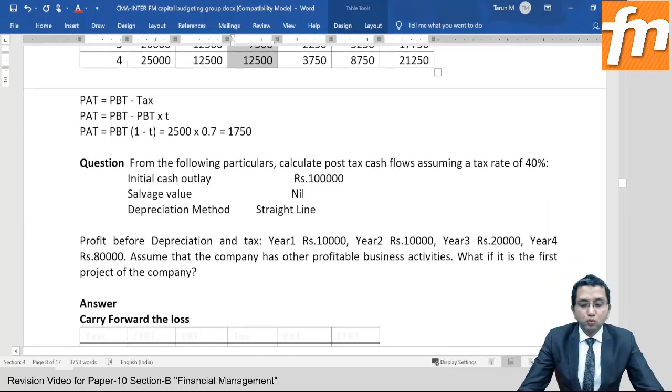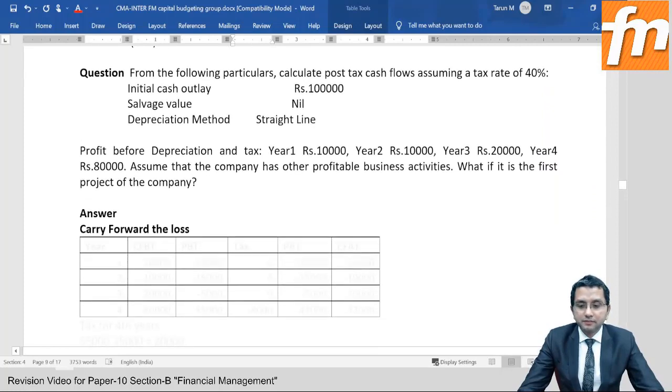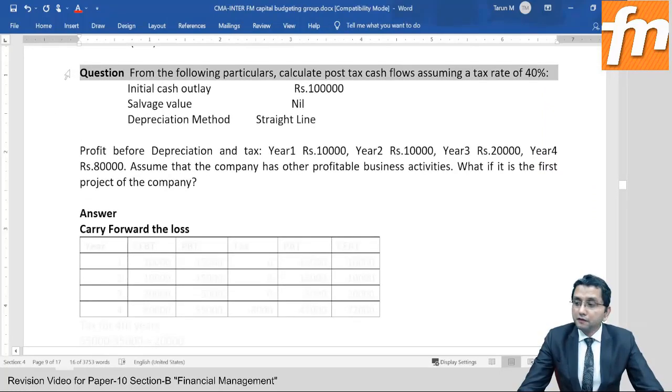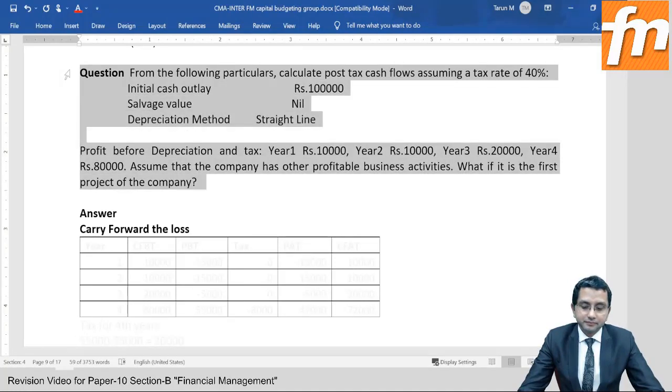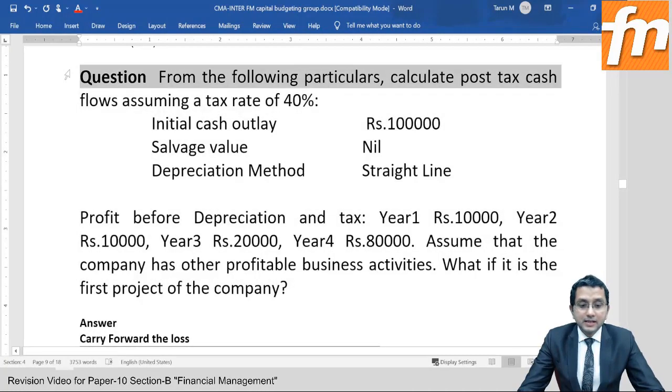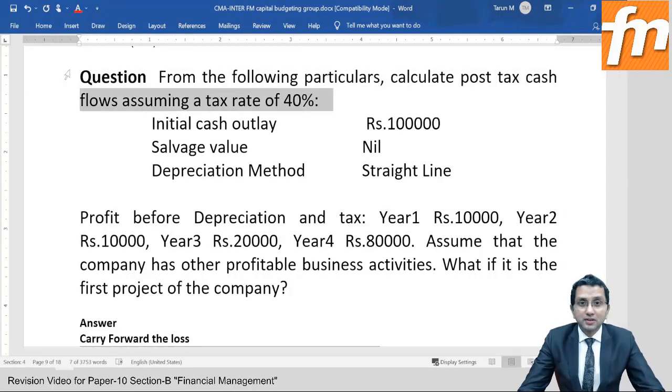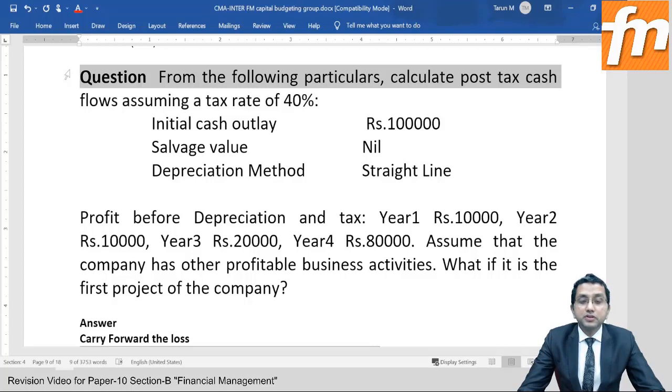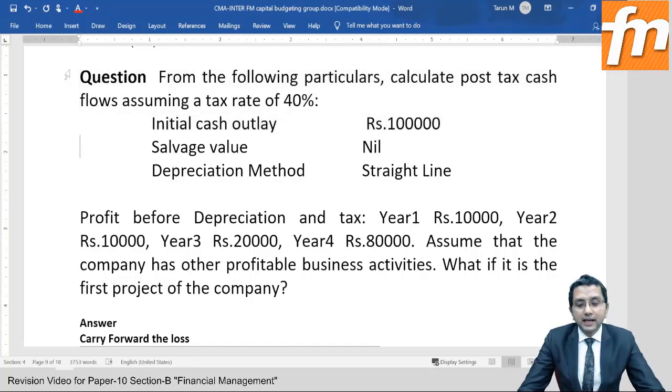So let's do one quick question on this. From the following particulars, calculate post-tax cash flows assuming a tax rate of 40%. Okay, fine. Income tax is 40%. Post-tax cash flow, CFAT, is to be calculated. Initial investment 1 lakh, salvage value nil, depreciation straight line.